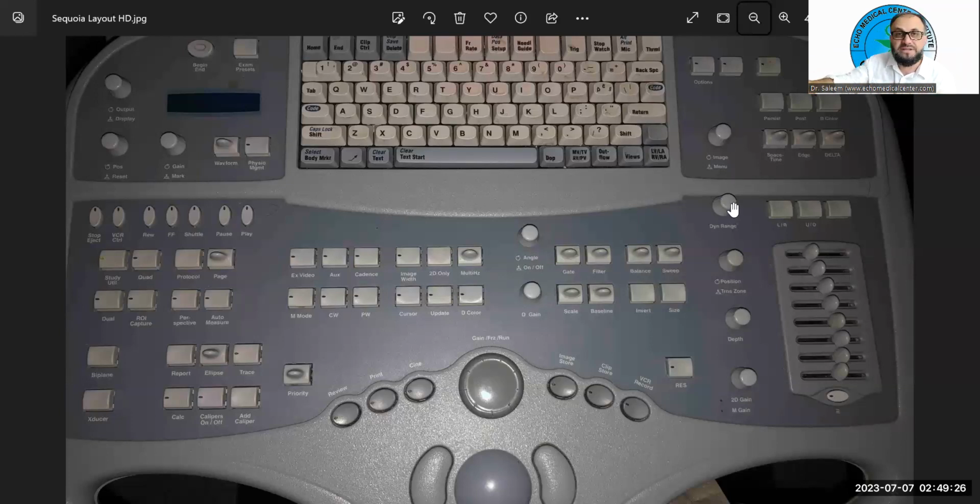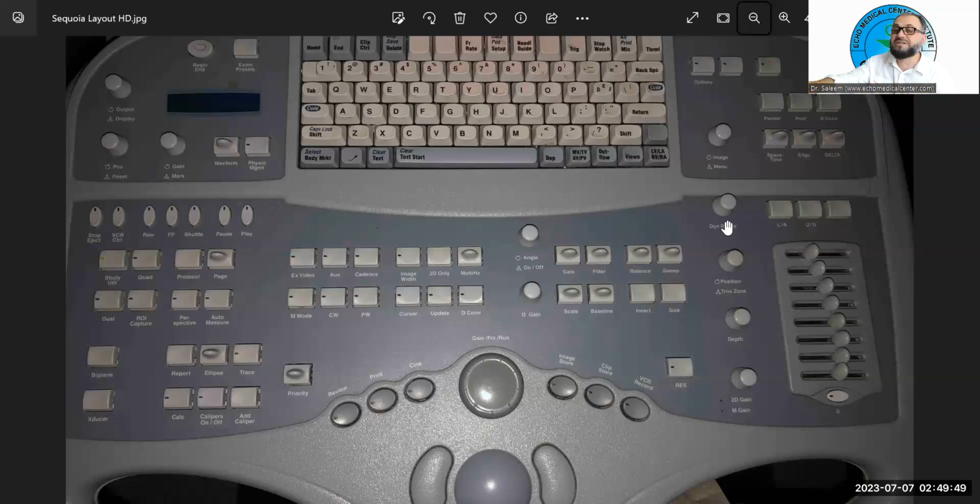We don't want to see those echoes because they are not desired. So for that structure, bring your dynamic range down. It goes by percentage, so bring it to a lower percentage if you're looking at any structure that is fluid filled.